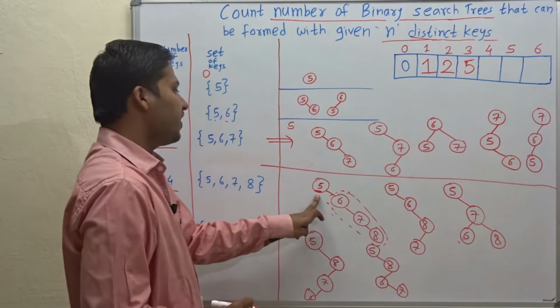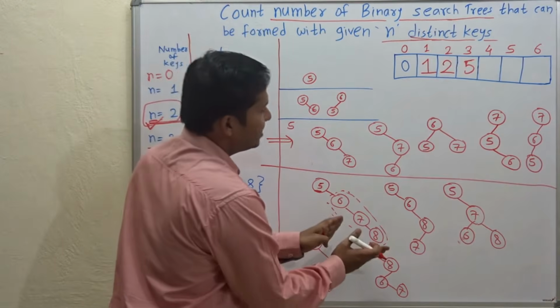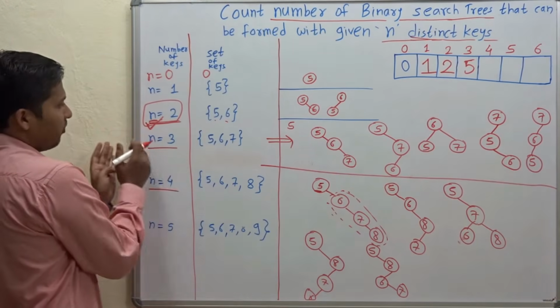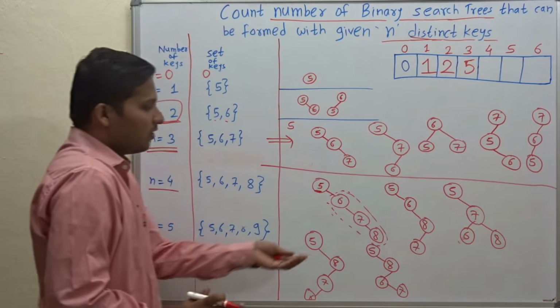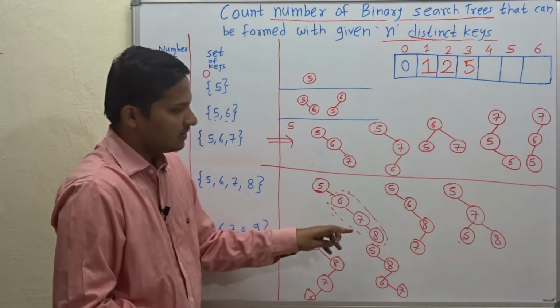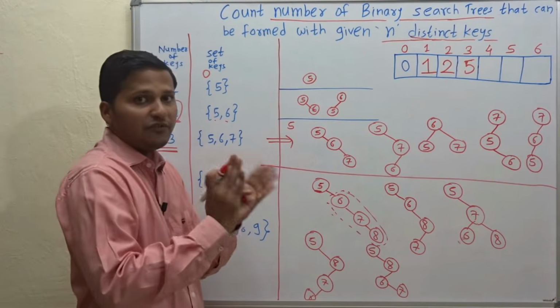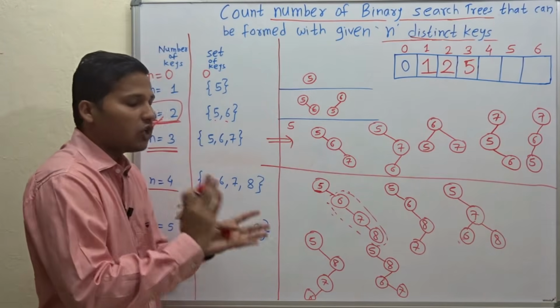Okay, when the root 5 is fixed, that means as this number matches the number of binary search trees when n equal to 3, that means we have just done the variation of these 3 keys. We have just put them in different places, right? We have just accessed them in different orders.